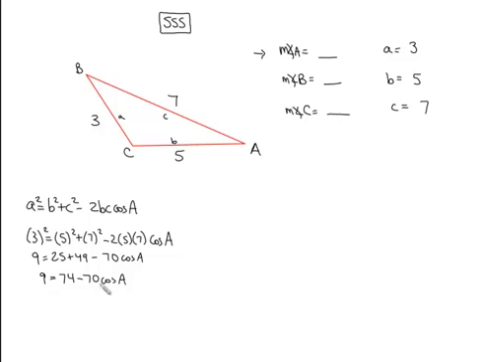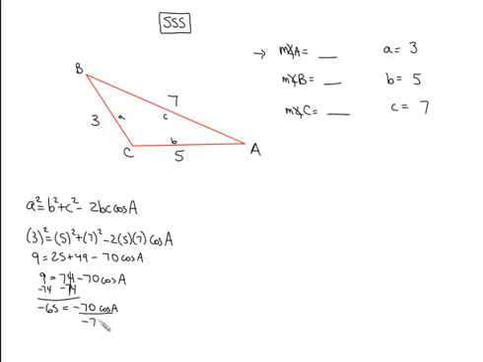You cannot do 74 minus 70. These are not like terms. So you subtract 74. So negative 65 is equal to negative 70 cosine of A.